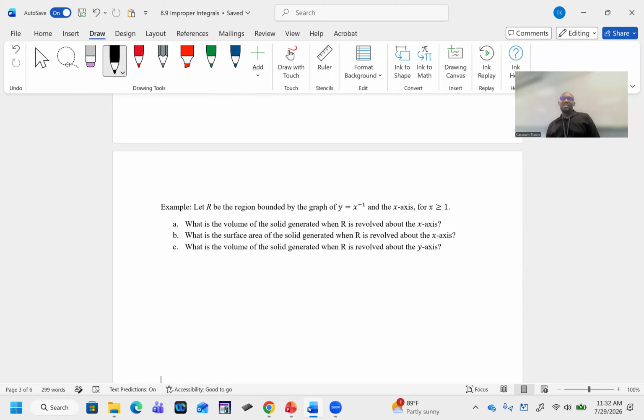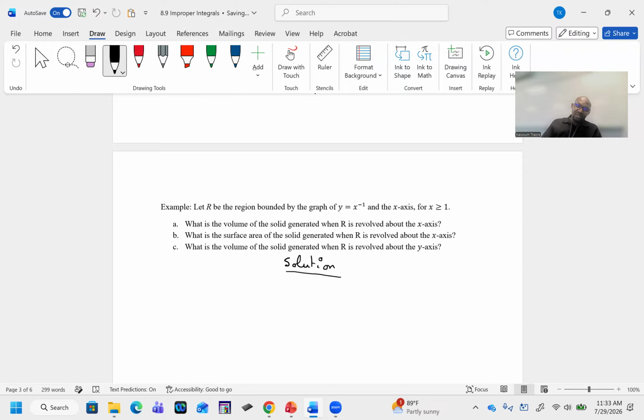So we have done these problems before, but if I have it to solve, I don't need to sketch.